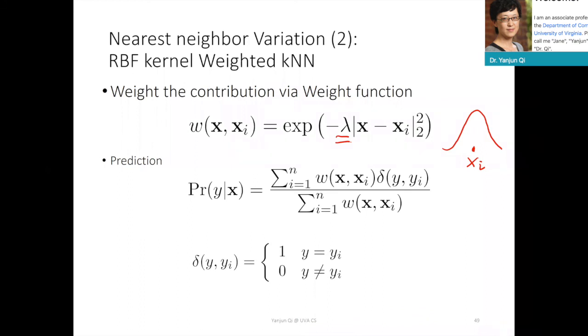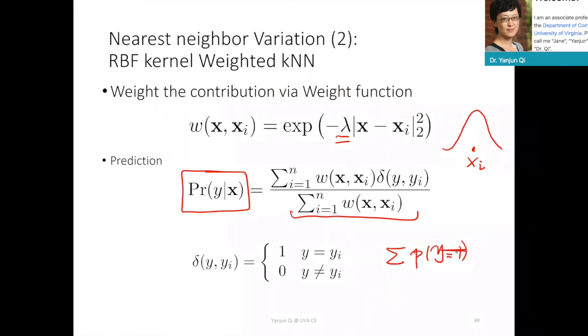I'm using my prediction as a weighted sum of the class labels, and then normalize it, so this makes sure it still looks like a probability, which means the summation of p(y | x) from class 1 to class C equals 1.